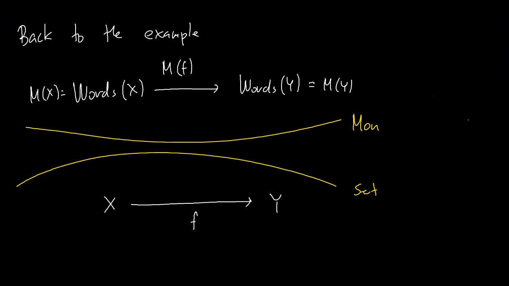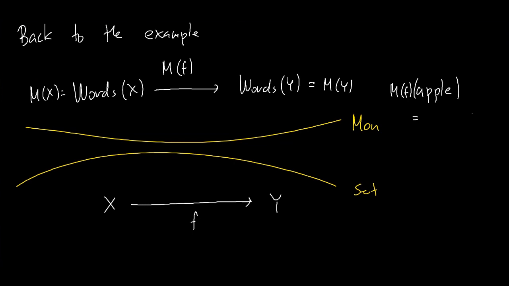And what M of F will do is that if I take a word, let's say apple, and I apply M of F to it, I can actually compute what it does by knowing how it's defined, right? Remember, this M of F is defined as F of A, F of P, F of P. Sorry.